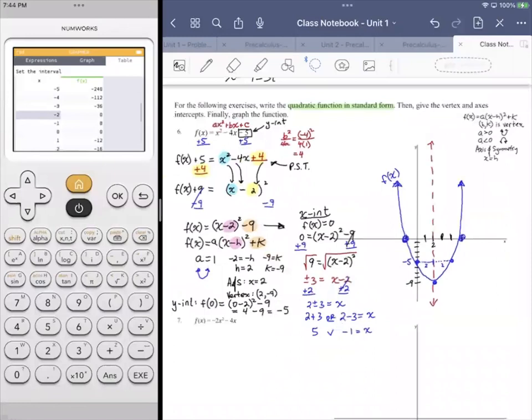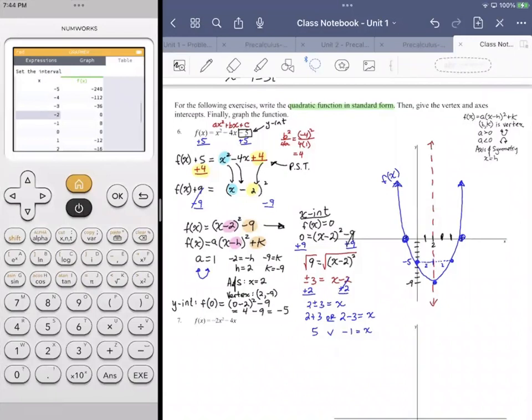Some problems are just going to focus on getting a function in standard form. Some of them are just going to focus on getting a vertex. Honestly, if I gave you a problem and said, here's a parabola, find the vertex, go into the calculator and find it. See where it turns around.